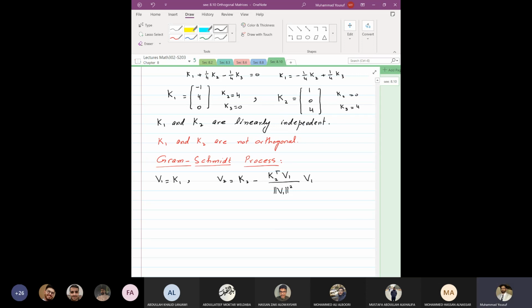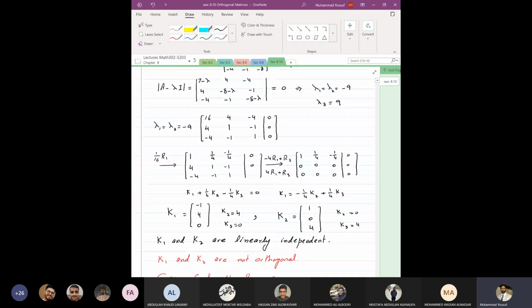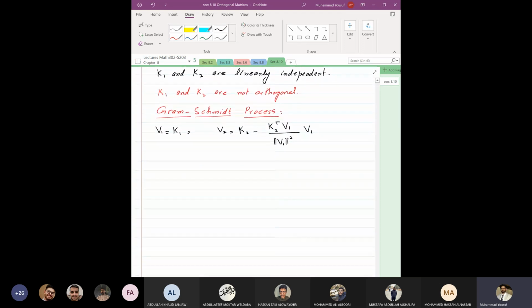Then you will have V1, V2, and we still need to find K3, the eigenvector corresponding to lambda 3 equal to 9. So we will have these three eigenvectors which are orthogonal to each other. After that, we will normalize them and put them in matrix form. I will continue from here.